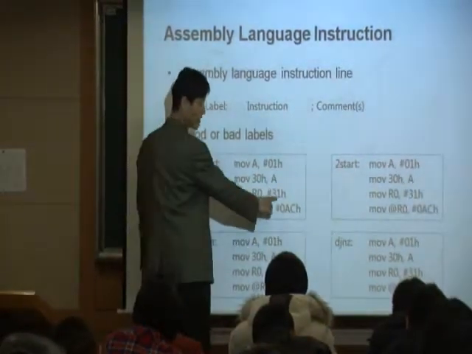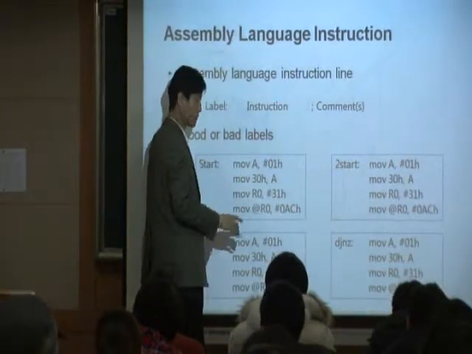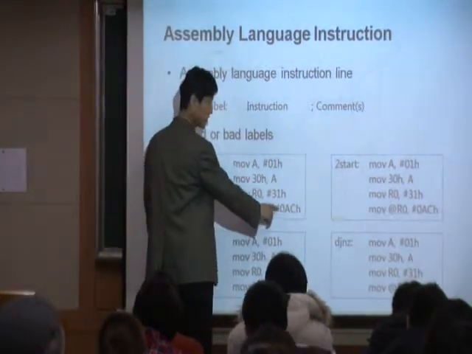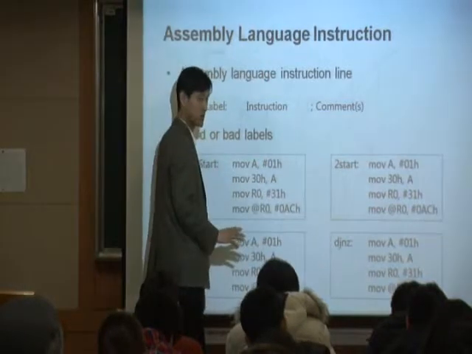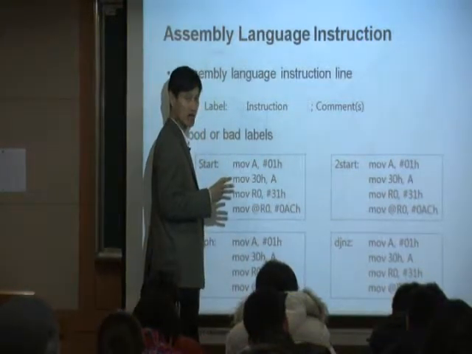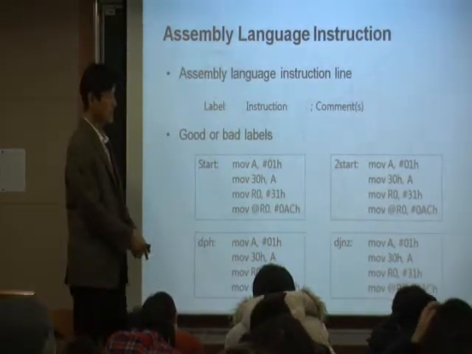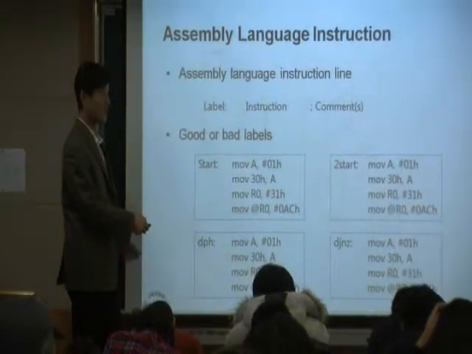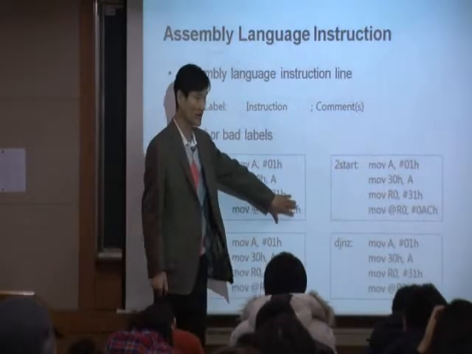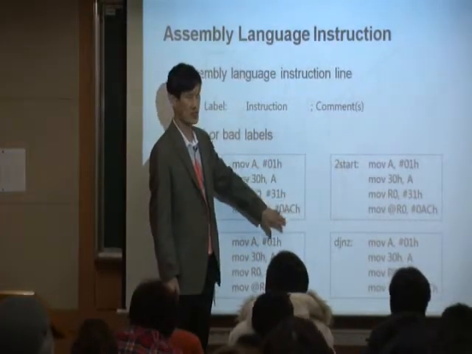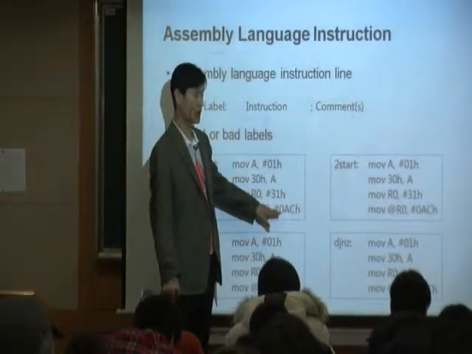Okay? 3, 1, 0, 1, that's okay. But you cannot do pound AC because A is not a number. A is an alphabet, right? Therefore, you have to use 0. So a direct value cannot start with an alphabet. It should start with a number.